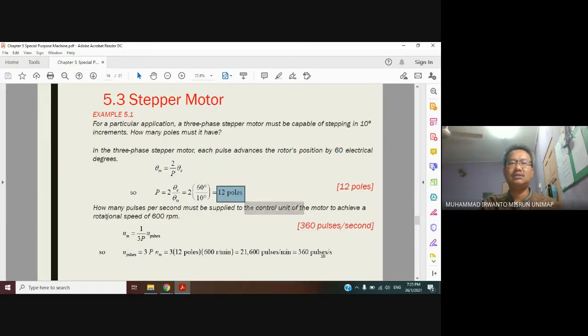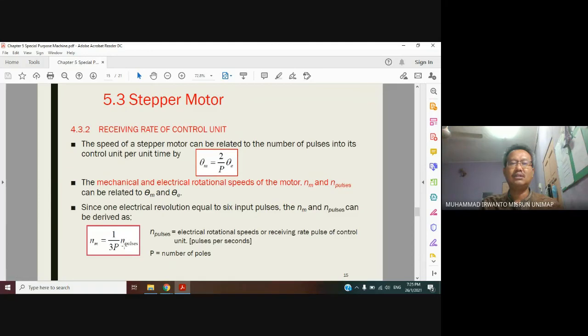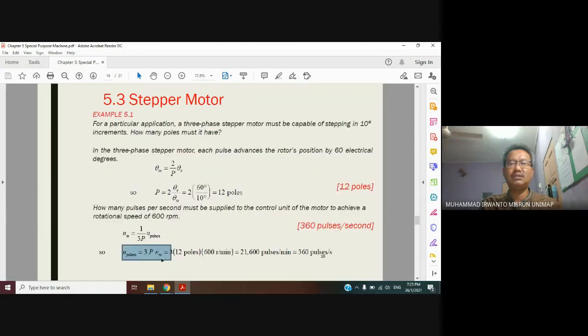Now, for the rotation speed of 600 RPM, we can calculate the number of pulses per second. By using this formula, the pulse rate is equal to 3P multiply mechanical speed.